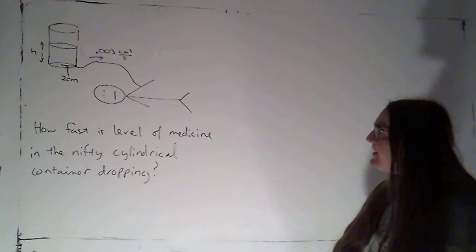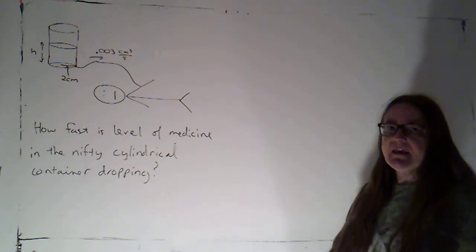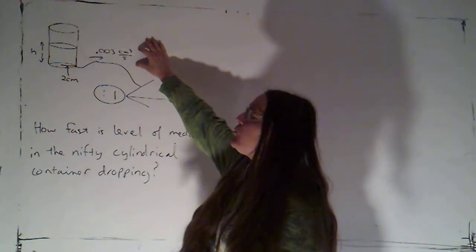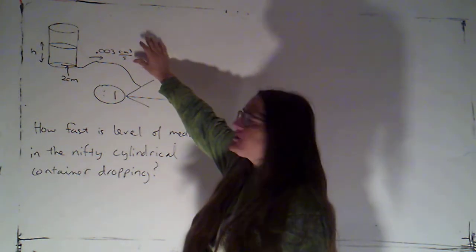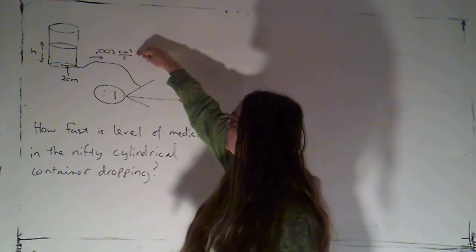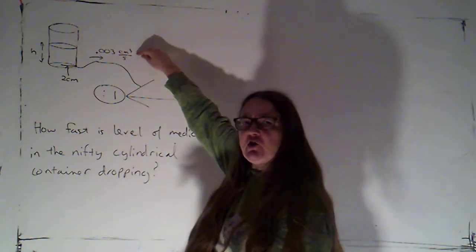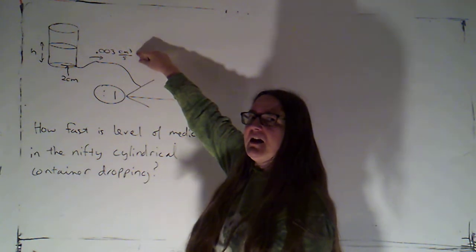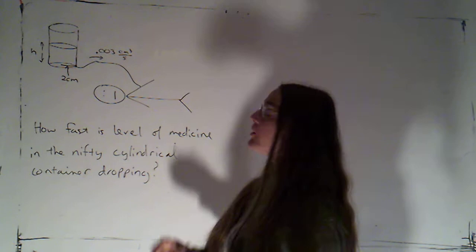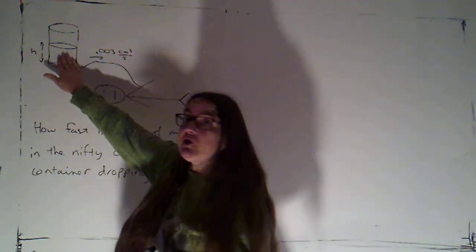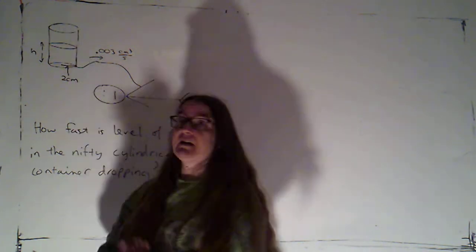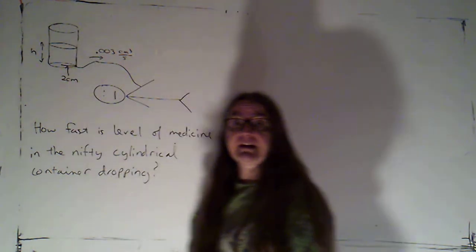And so I have to say, well, what else is changing that I know? I'm noticing this is given to me as a rate of change. So this is describing something that's changing. And this thing that's changing is measured in cubic centimeters. So I think that's volume. So it looks like we're looking for a relationship between the volume of the medication in this container and the height of that medication in that container.